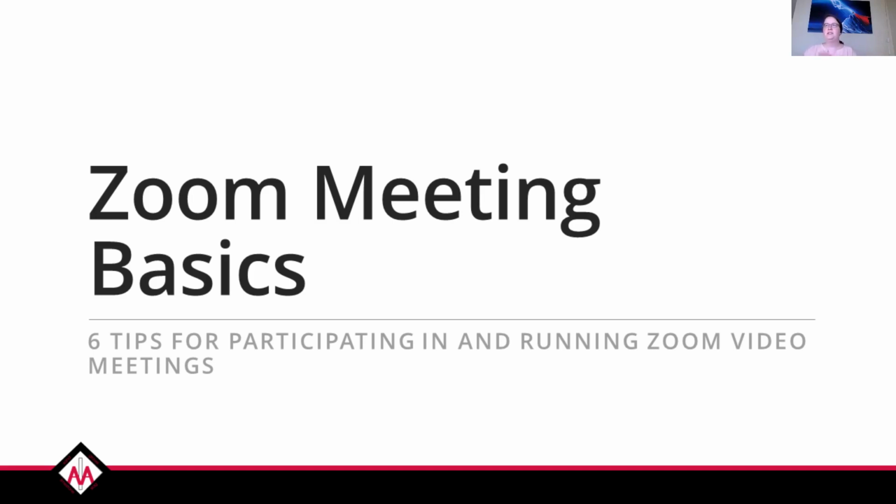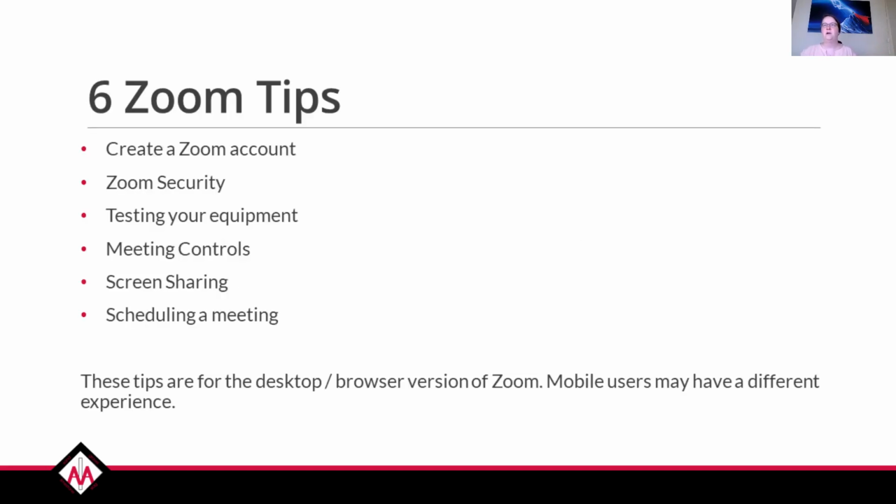So I'm doing Zoom meeting basics, 6 tips for participating in and running Zoom video meetings. We will go through these pretty quickly here. So my 6 tips are creating a Zoom account, Zoom security, testing your equipment, meeting controls, screen sharing, and scheduling a meeting.